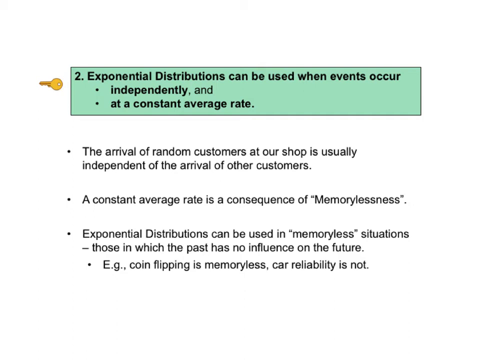The time to engine breakdown in a car is not the same for a new car as for one with 150,000 miles on it. Car problems do not occur at a constant average rate throughout the lifetime of a car. The exponential distribution works in memoryless situations.